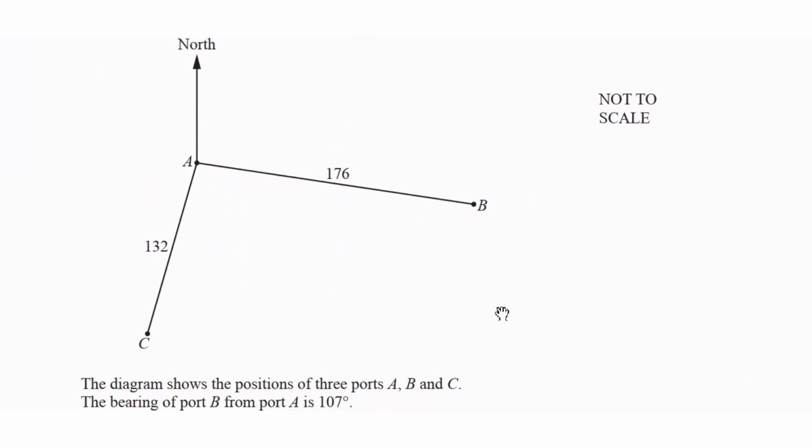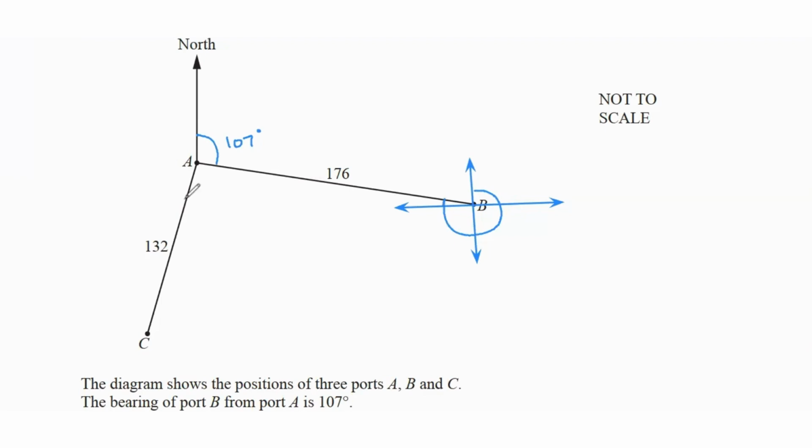So the bearing of A from B, we know that this is 107. So if we draw the compass at B, we're trying to find this bearing.